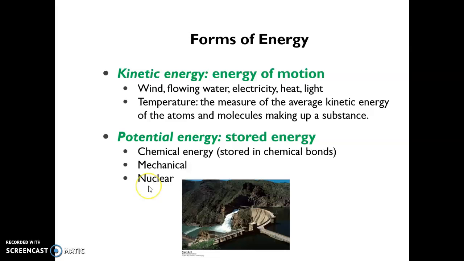And the last one that we deal with again is nuclear energy, in which instead of being stored in the bonds between different atoms, you have one particular atom and it has energy stored in its nucleus, in its bonds between the protons and the neutrons that are in that nucleus.